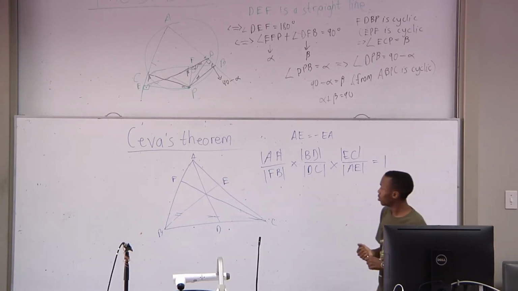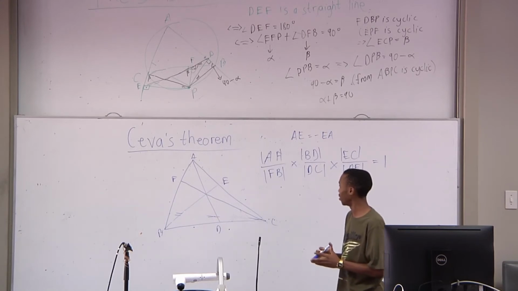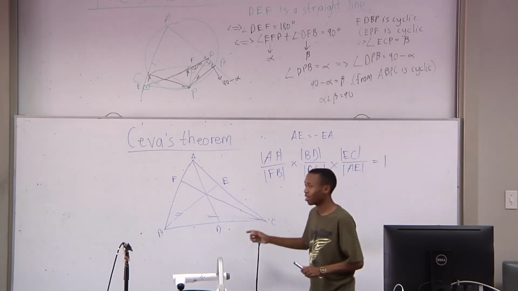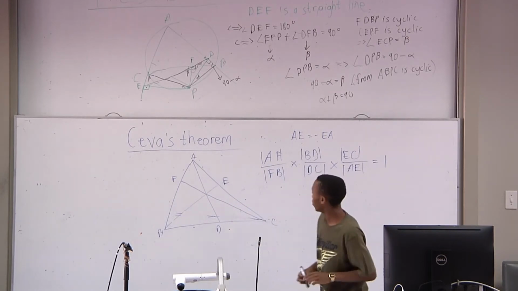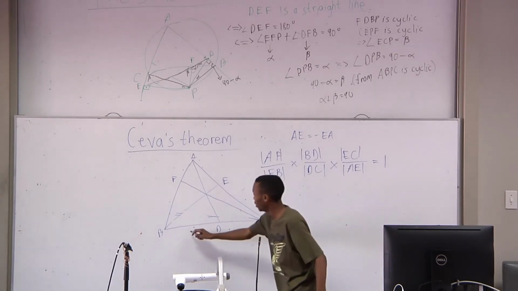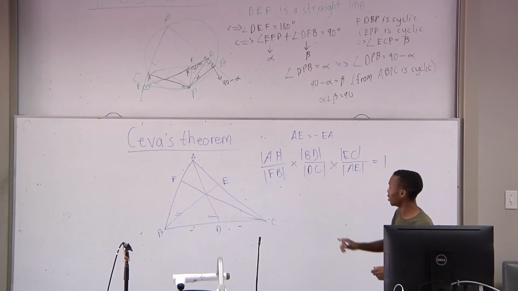To prove this, we use something very simple, ratio of sides using the areas. We'll begin with finding the ratio of BD to DC in terms of something common amongst these different ratios.